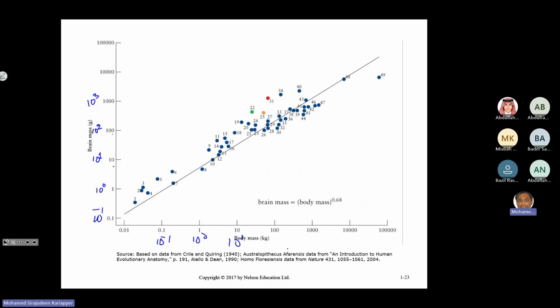There seems to be some correlation. You can draw a best fit line which suggests certain proportionality. The slope of this line is what this index is, 0.68. So that's how you find the proportionality.